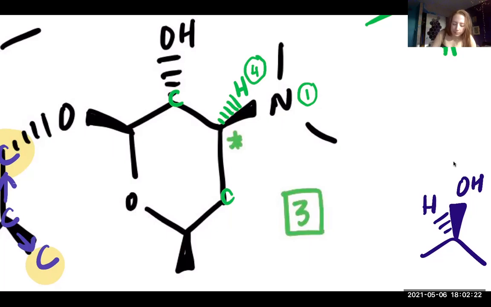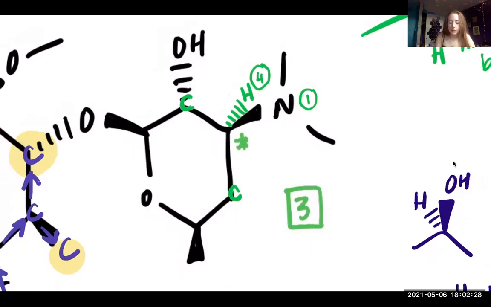So, okay, now we need to see which of these carbons should be prioritized. And it's not too bad. All we need to do is branch out one step right here. If we branch out here, we get a carbon, but if we branch out here, we get that oxygen, right? So this is going to be second priority, and this is going to be third priority.